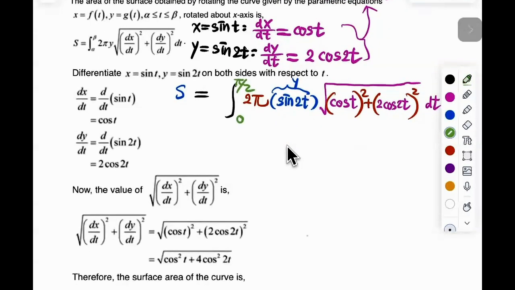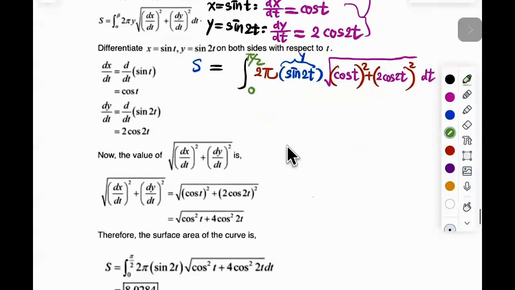So once you have this, let's do the algebra. Okay, we can do it. Let me write it down. So let's put the 2 pi outside. This is a constant multiple. And then the integral over here, and then we have this sine of 2t.